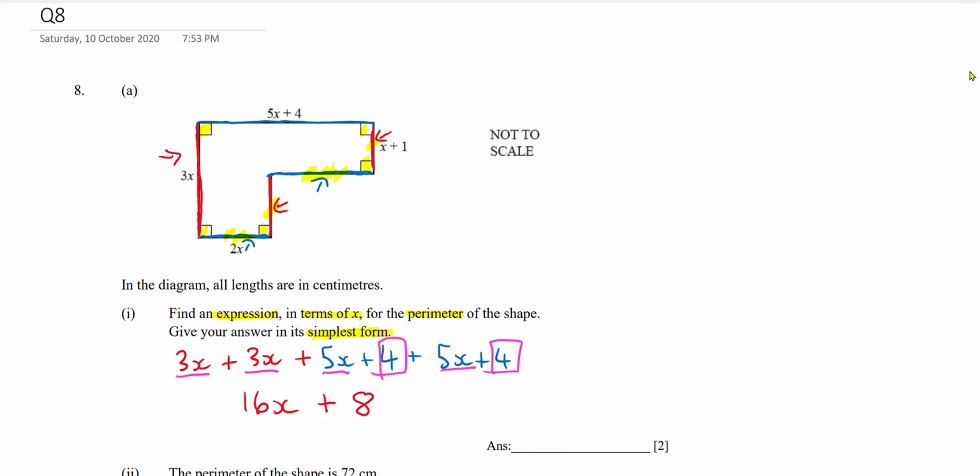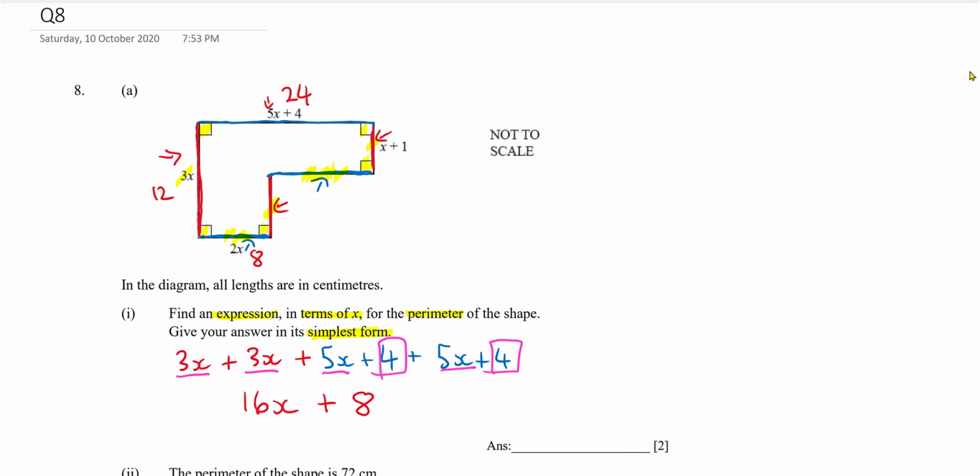For this part here, we have 3 times 4, that is equal to 12. And then for this part here, 5 times 4 is 20, plus 4 is 24. At the bottom, that 2x, so 2 times 4 is equal to 8.